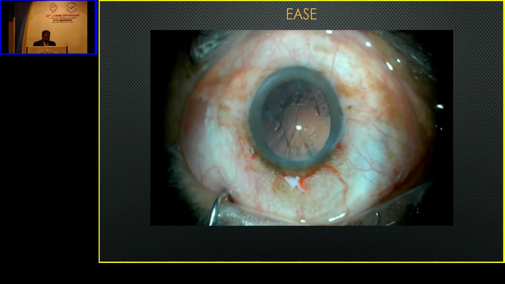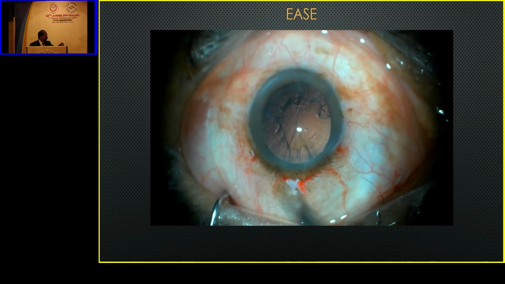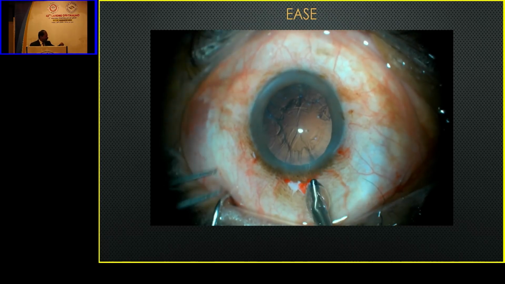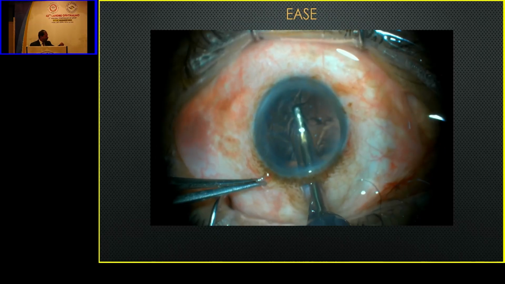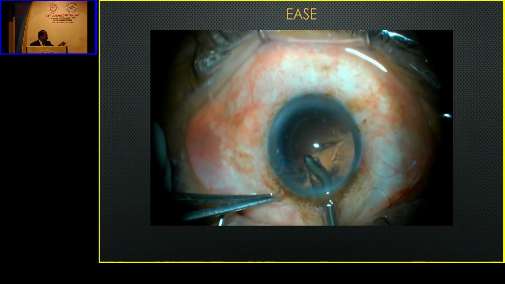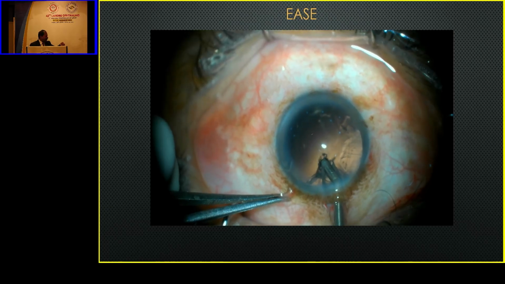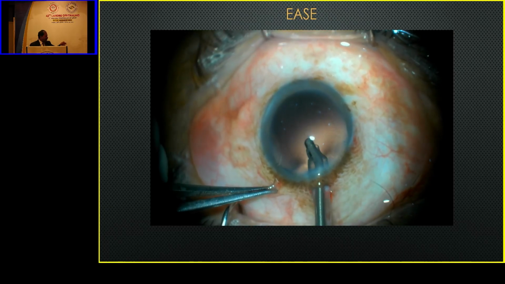So let's see. It's a very easy technique. Just get inside and seal the port with the sleeve. And this is real time. All these videos are real time videos, and you can see how easy it is to take the cortex.